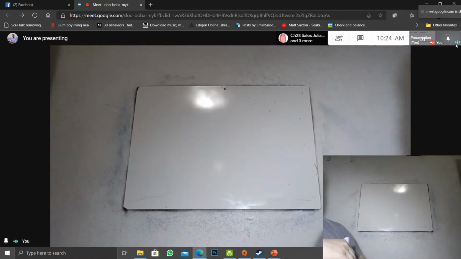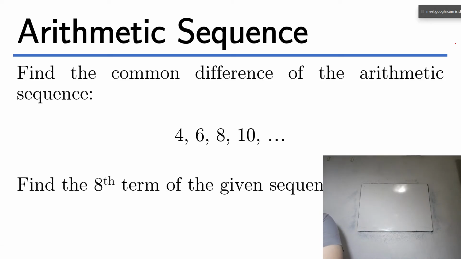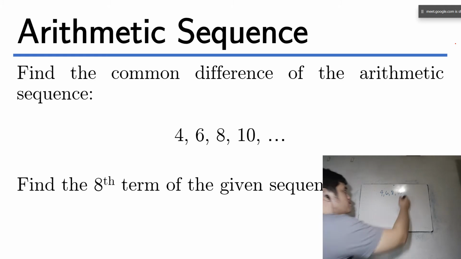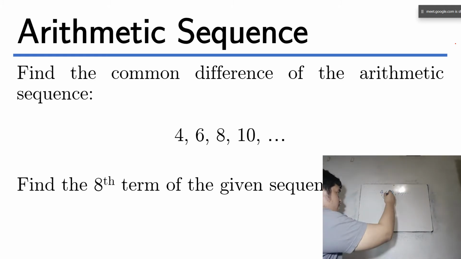If you look at the board, parang ganito. 4, 6, 8, 10, and so on, di ba? Yung common difference is 2. Di ba? Kasi, yun lang yun. Skip counting by 2 siya eh. Di ba? Yun yung common difference. What is each term of the given sequence?